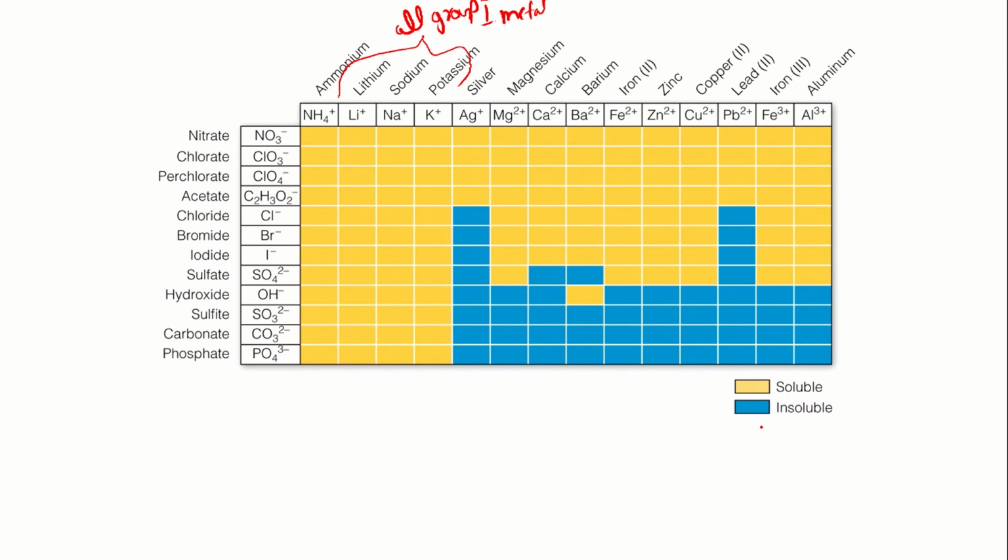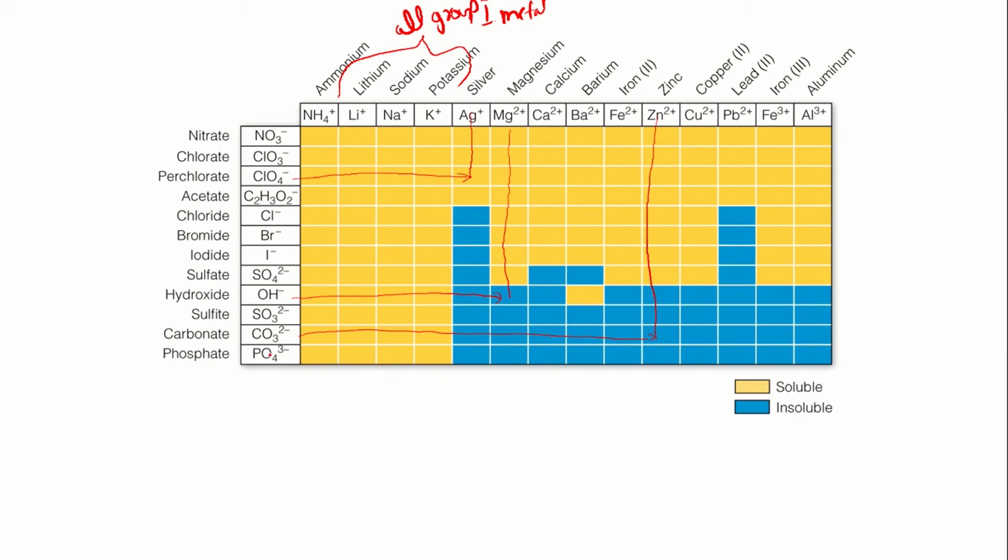Again, you can see all the insoluble substances. For example, if you have magnesium and hydroxide, you can see that magnesium hydroxide is insoluble. You can find silver perchlorate, it's soluble. Zinc carbonate, it's insoluble.